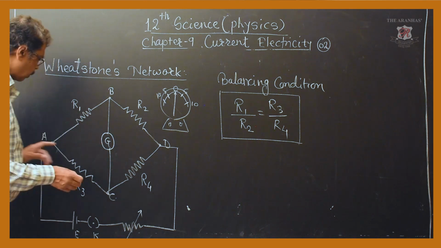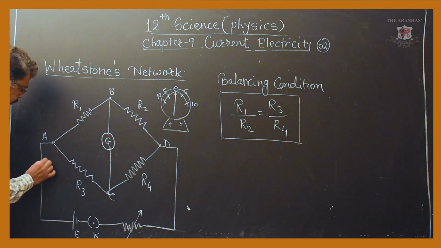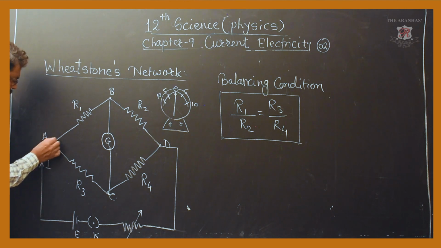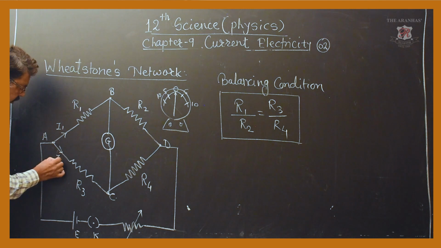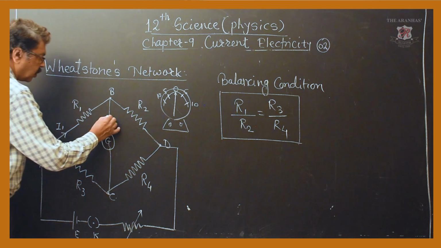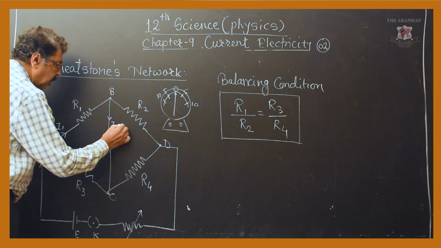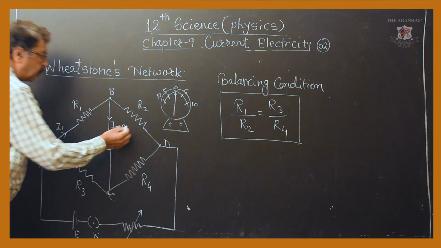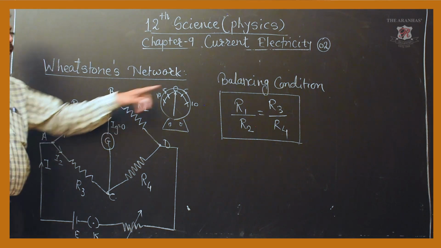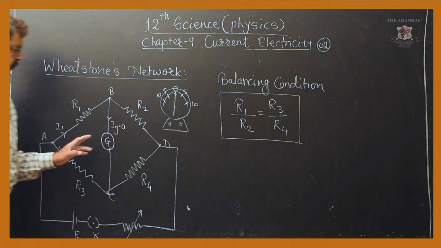Before that, I'll just show you current I flowing here at this node. Some part of the current goes here I1, some part of the current goes here I2. Here, whatever current is flowing through the galvanometer, I am assuming it to be zero because we want to find the balancing condition.